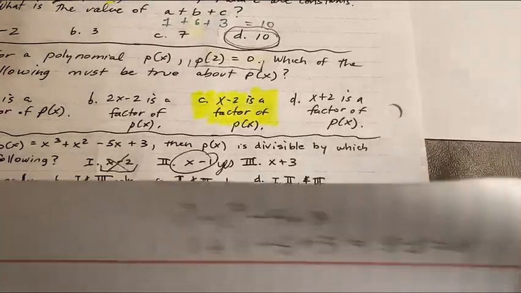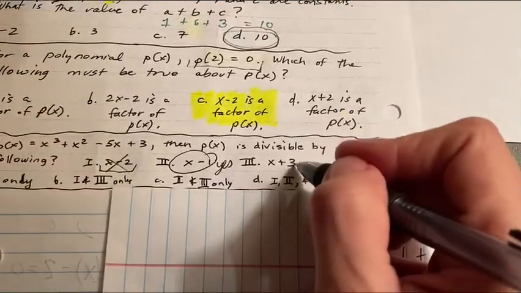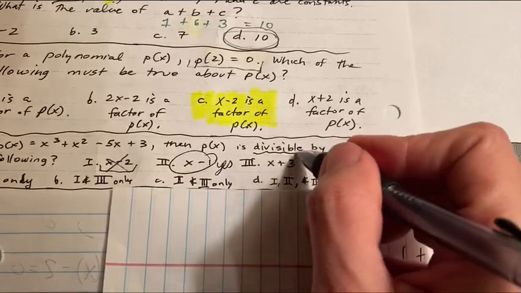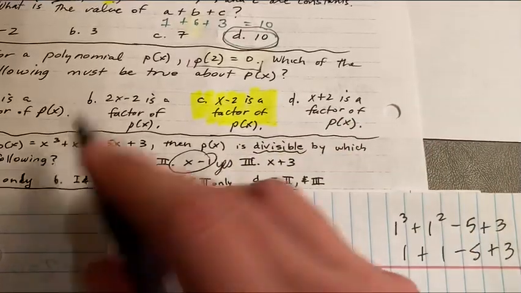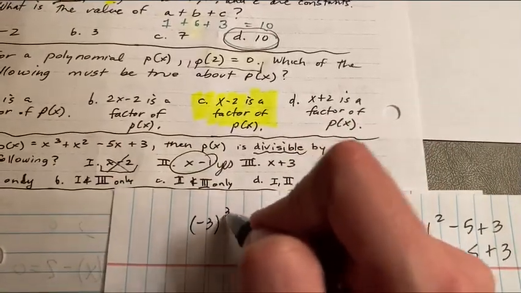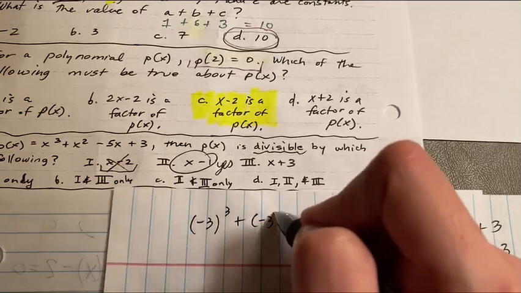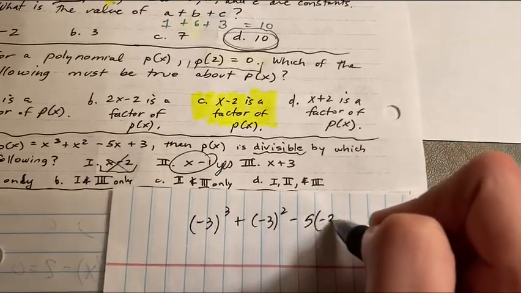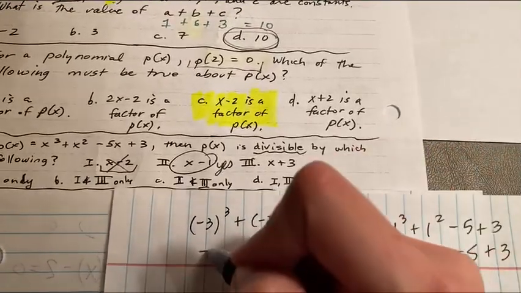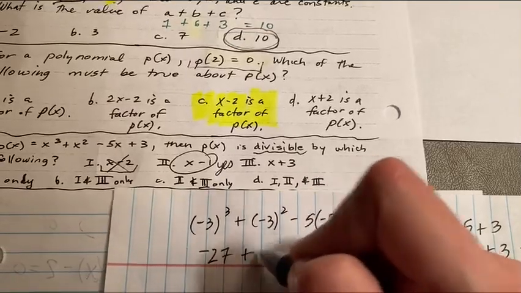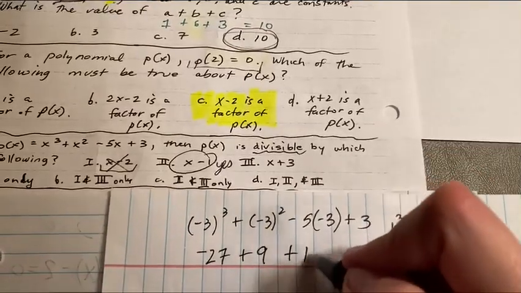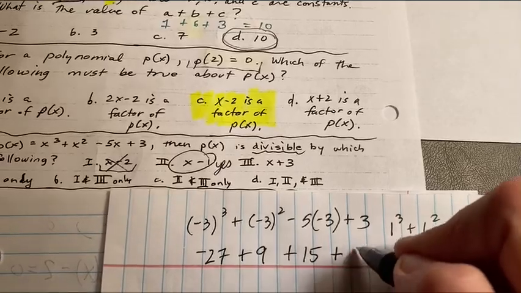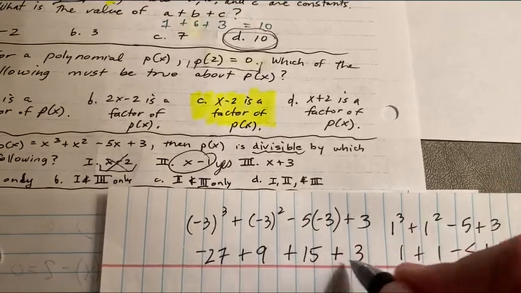All right, let's try this one. If x minus 3 is divisible or is a factor, that means if I plug in negative 3. So plugging in negative 3, okay, that'd be negative 27, positive 9, positive 15, positive 3, 15.